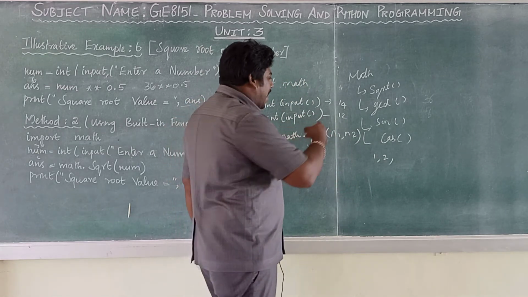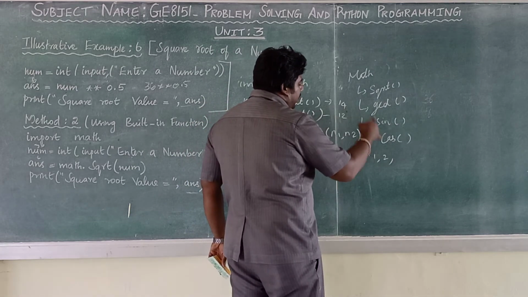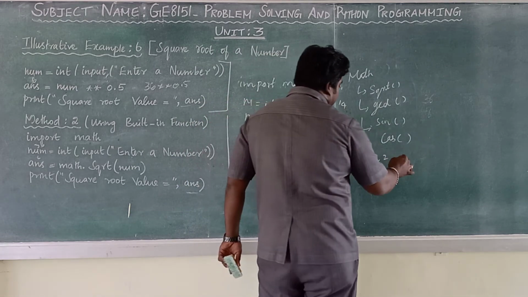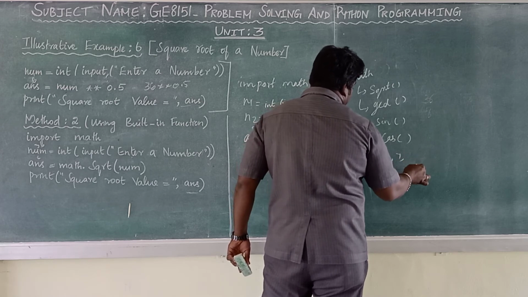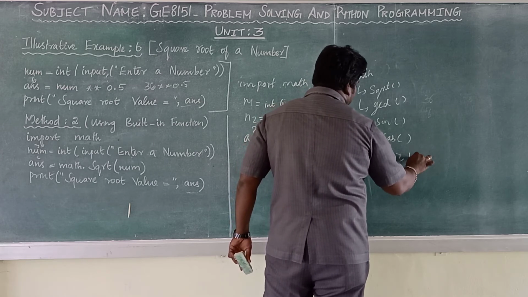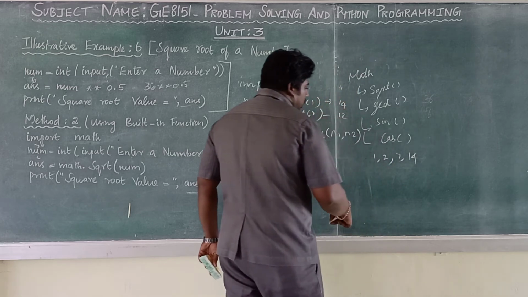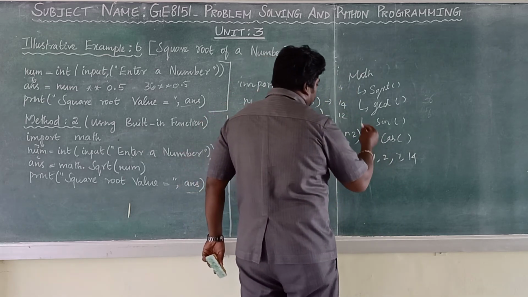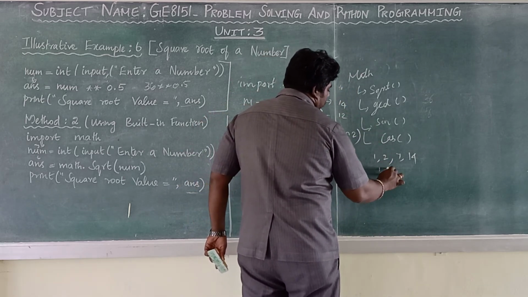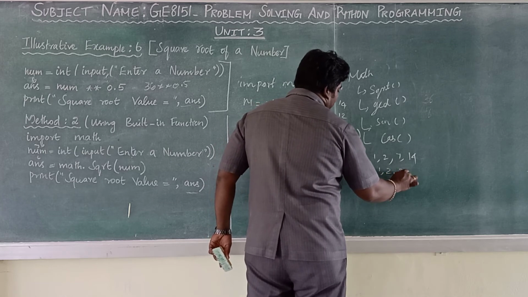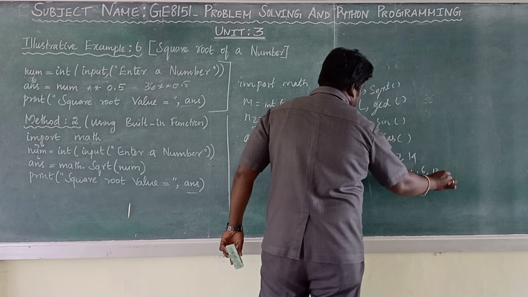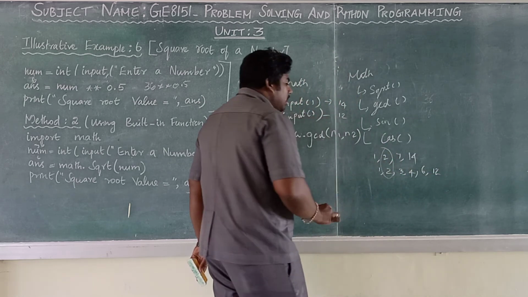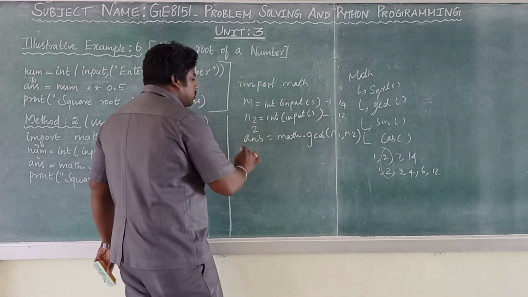Factors of 14: we can divide with 1, then 2 sevens are 14, 7 twos are 14, then 14 ones are 14. Similarly for 12: 1 twelve, 2 sixes are 12, 3 fours are 12, 4 threes are 12, 6 twos are 12, then 12 ones. So the greatest common factor is 2.